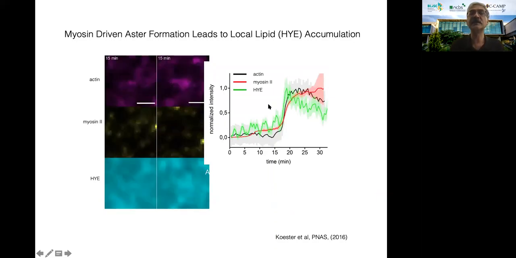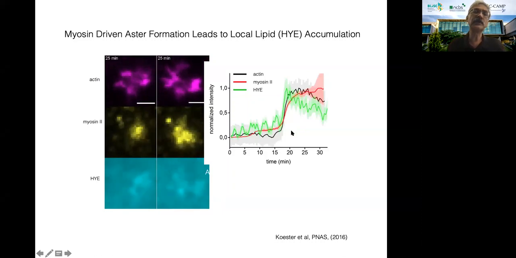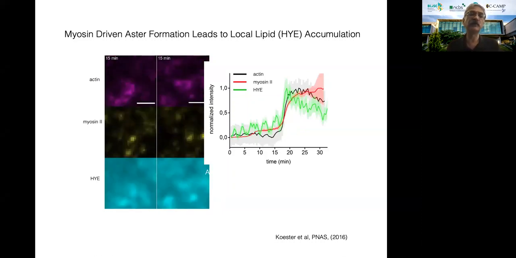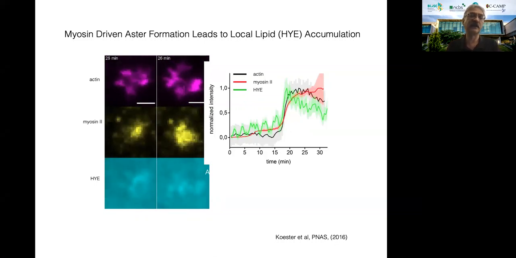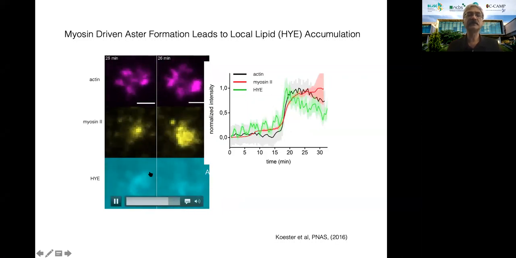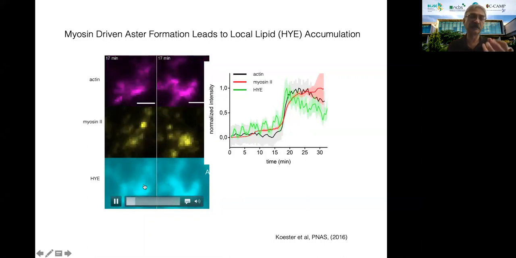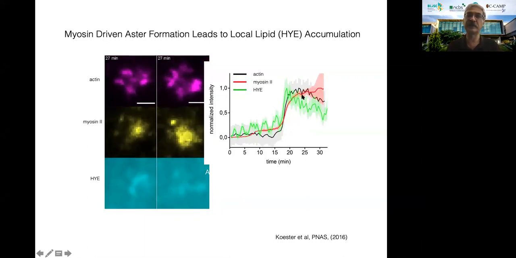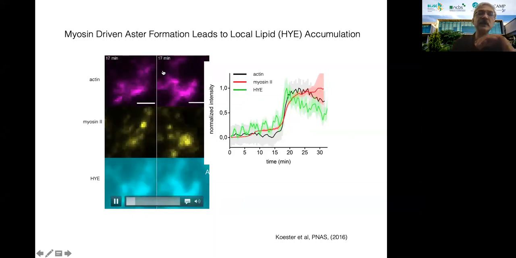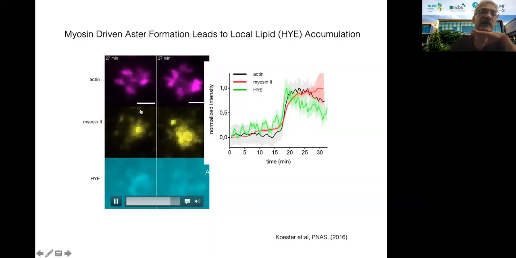And those get clustered in a manner that's hugely overdrive compared to what you'd expect from simply a static myosin actin cluster. In fact, when the system sort of becomes static, these clustered lipids that are being driven into these patches now begin to dissipate away. And they will then achieve sort of the equilibrium distribution, which is simply that related to the concentration of the actin in those locations.